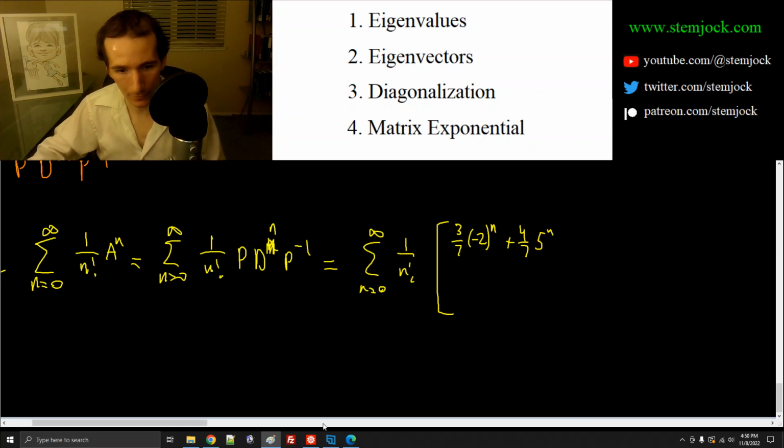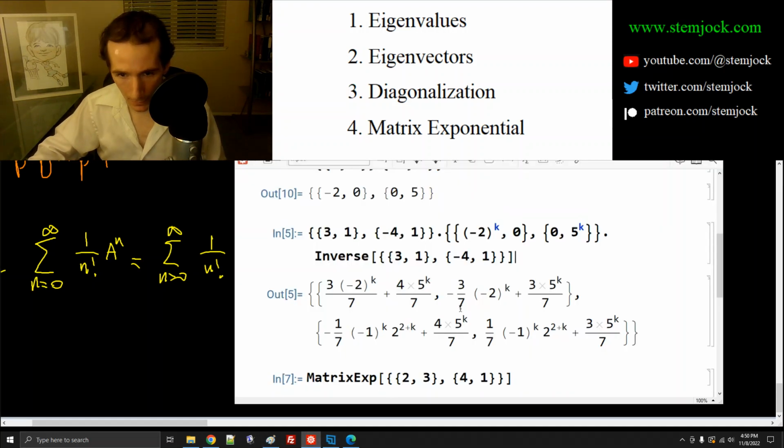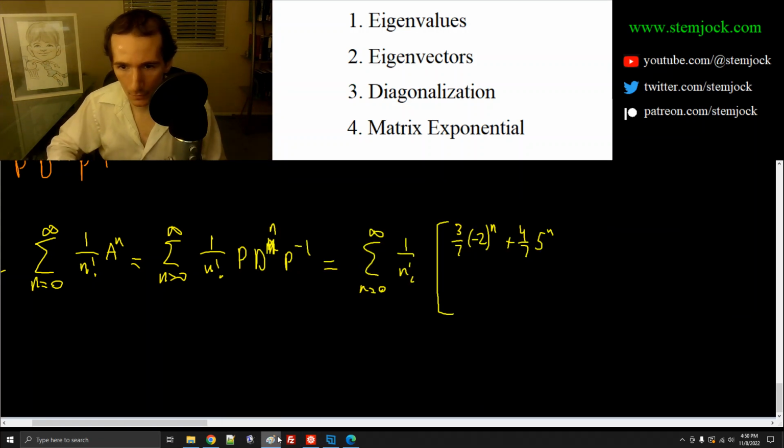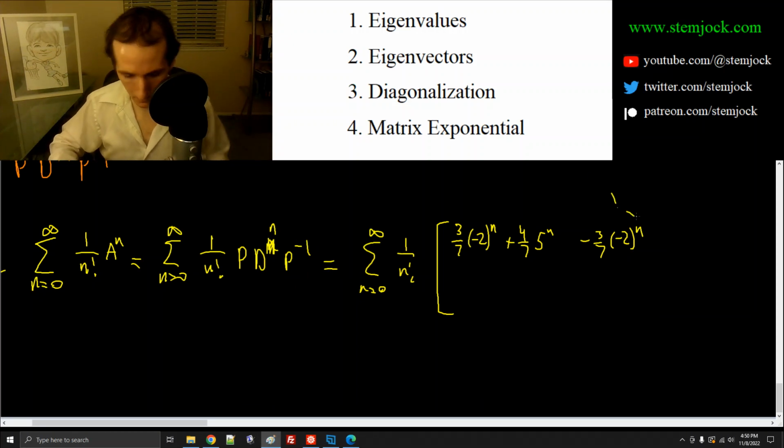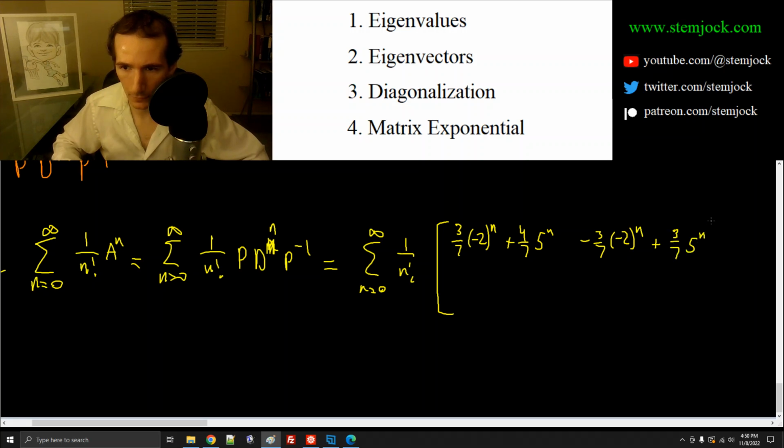And now for the top right entry, negative 3/7 times negative 2 to the power of n. Okay. And what's next? Plus 3/7 times 5 to the power of n.